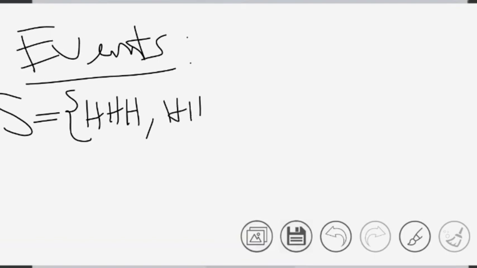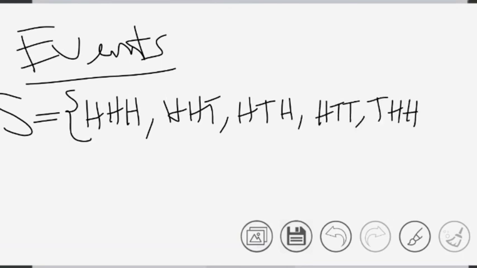I could have head head head, head head tail, head tail head, head tail tail, tail head head, tail head tail, tail tail head, and eventually tail tail tail.